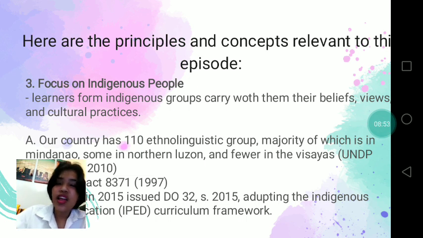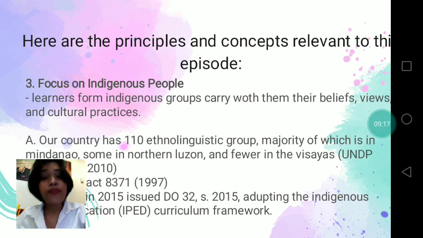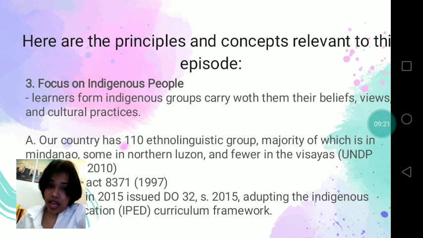Okay? Okay, so, Republic Act 8371 of 1997, Indigenous Peoples Rights Act. Ito yung act where we recognize, protect, and promote the rights of indigenous people, like indigenous cultural communities and indigenous people in general. So, bakit natin kailangan i-protect at i-promote ang cultural communities and indigenous people?